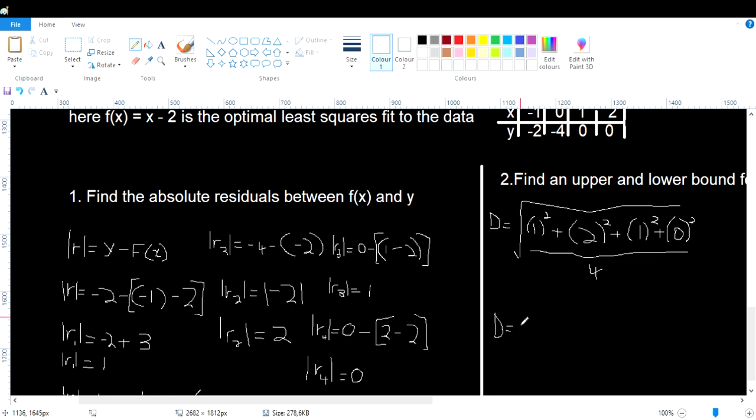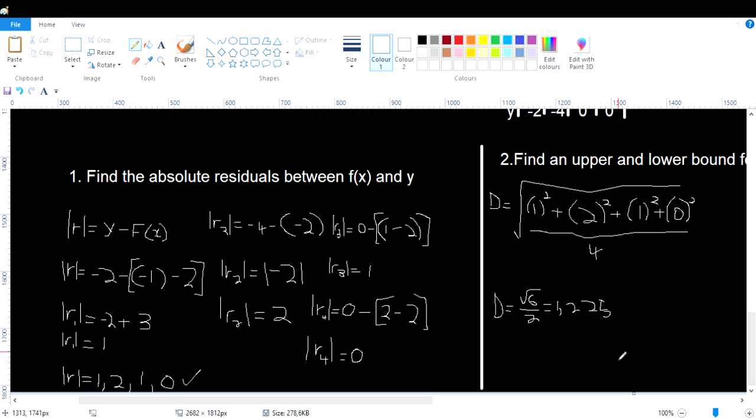Answer is equal to root 6 over 2, which is equal to 1.225.